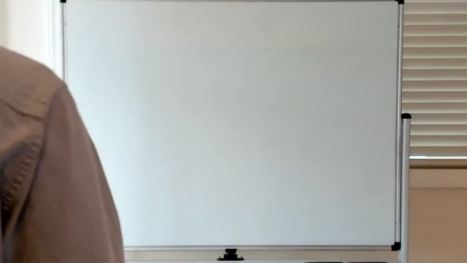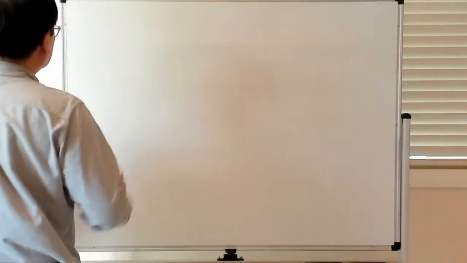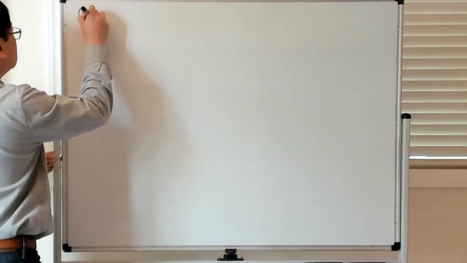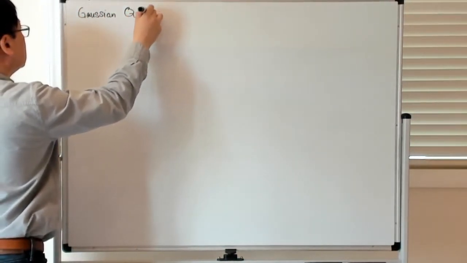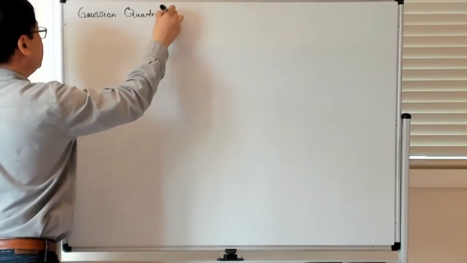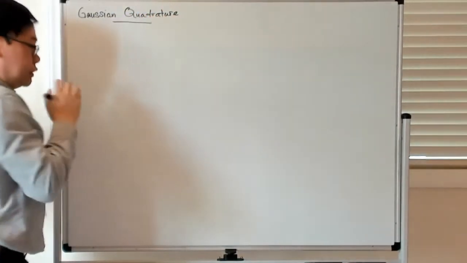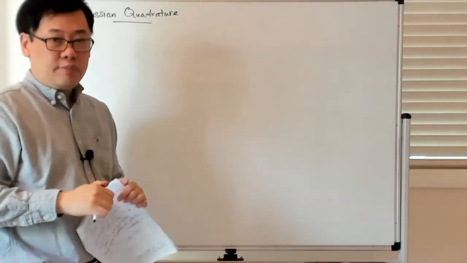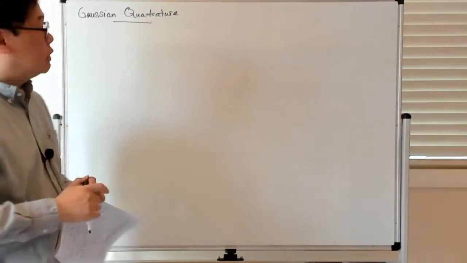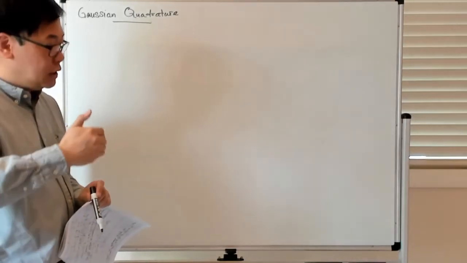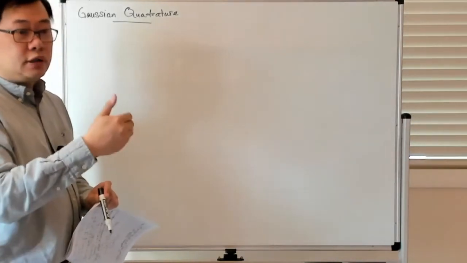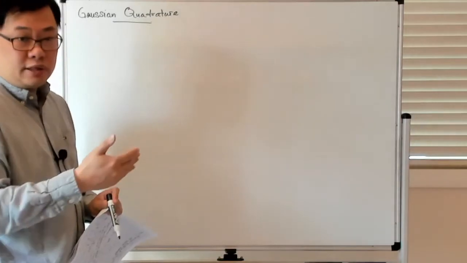Okay, now let's say something about Gaussian quadrature. And let me just give you a little bit of intuition. When we talked about, say, the Newton-Cotes formula, we looked at quadrature formulas where the sample points where we sample the function are uniformly spaced.